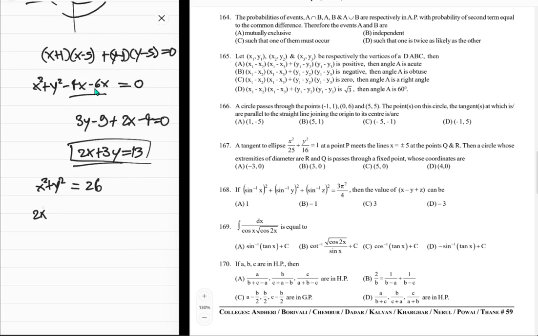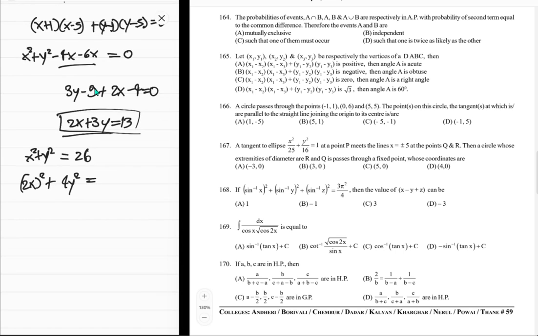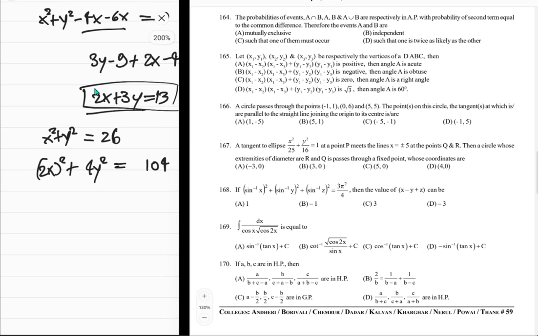So (2x) squared plus (2y) squared equal to, let's see, 4 times of this thing. So 8 and 24 just 104, and then 2x is 30 minus 3y, so 13 squared is just 169.